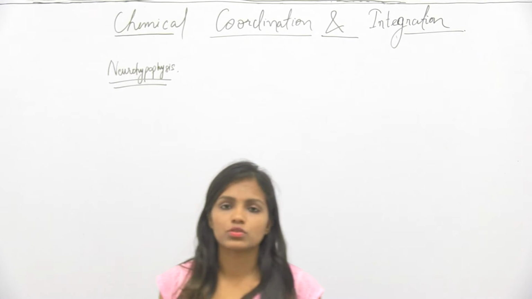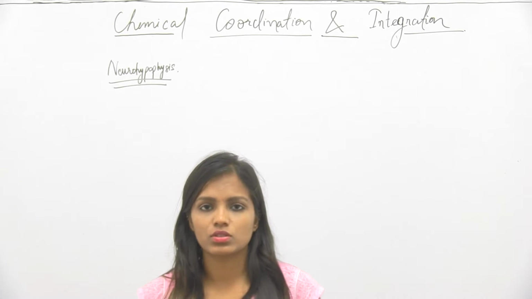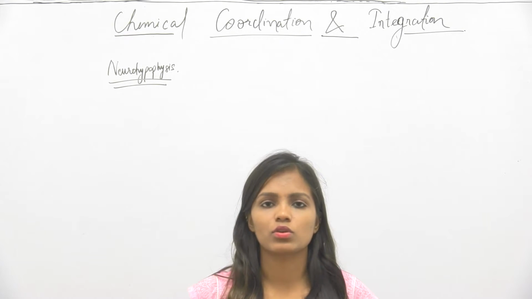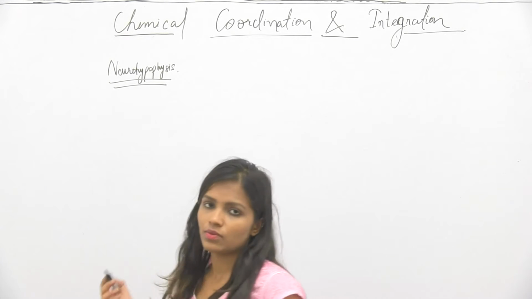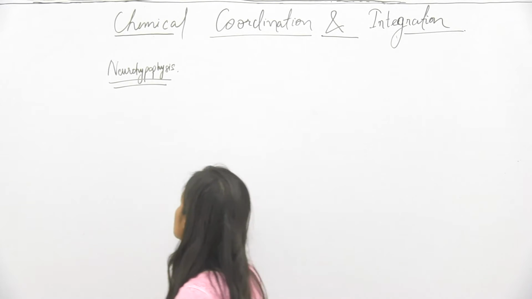There are two divisions of the hypothalamus. The first one was the adenohypophysis and the second one was the neurohypophysis. So today I will be discussing the second one, the neurohypophysis.